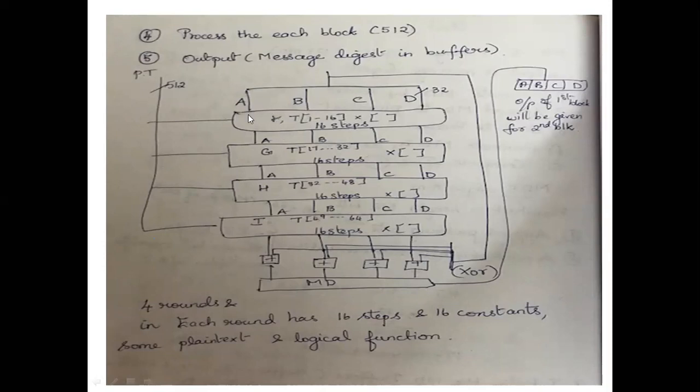Each round has 16 steps, and it also has 16 constants. I'll explain all that in detail. It also has some portion of plain text, this X, and it has logical function F.